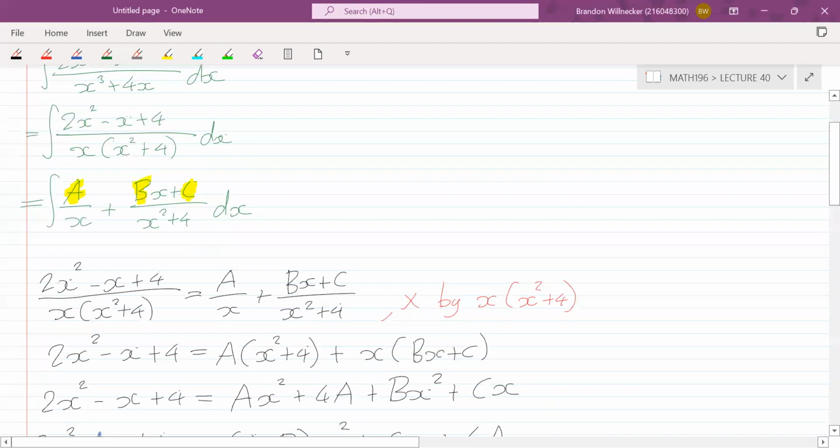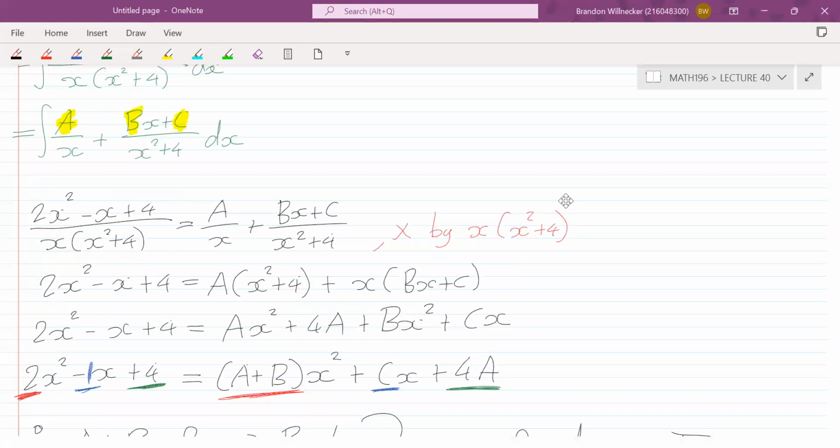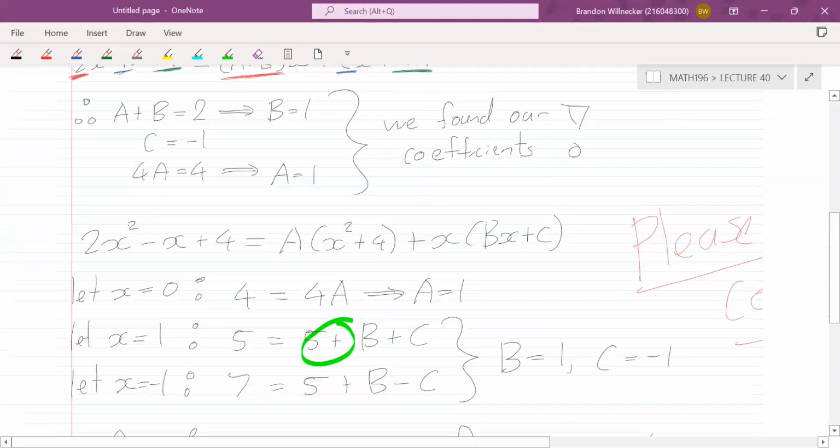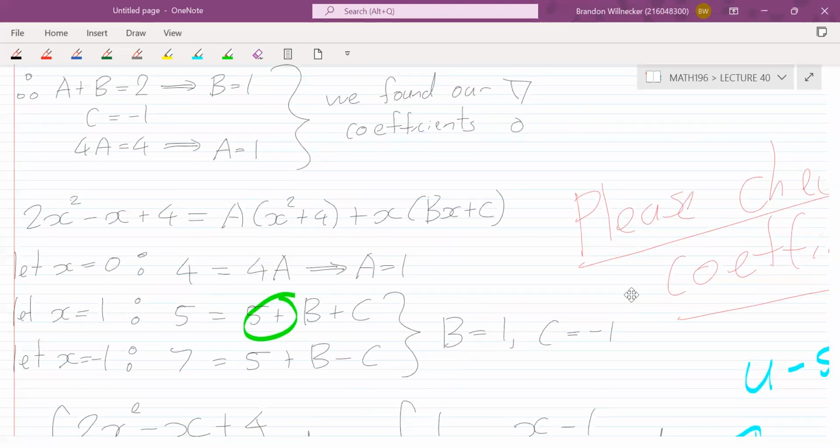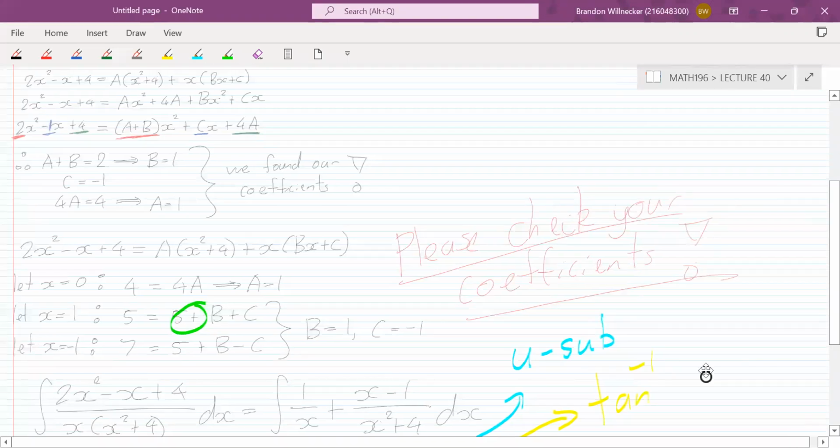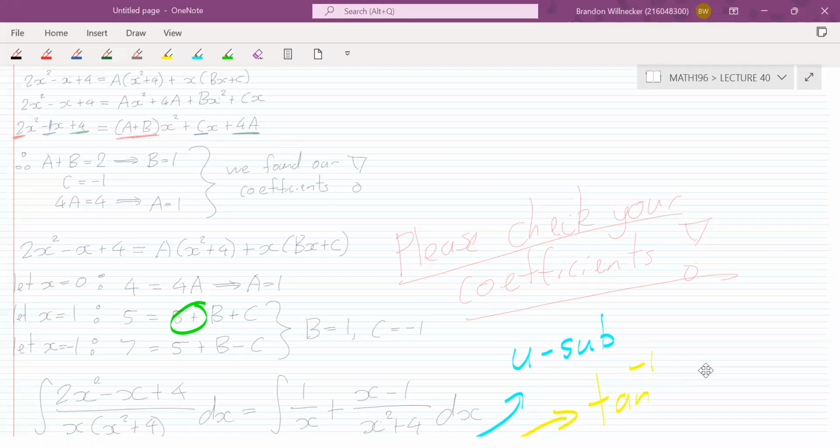Once you've done that, you find your coefficients. Either you multiply everything out and compare coefficients, or you choose different values of x to get your equations. If there are 3 unknowns, then you need 3 equations, so we use 3 values of x. You get your coefficients. Please check your coefficients so you don't make any sign mistakes.